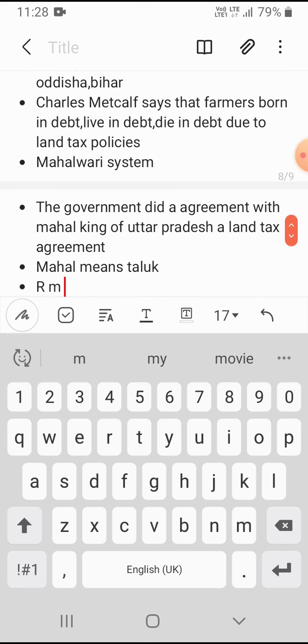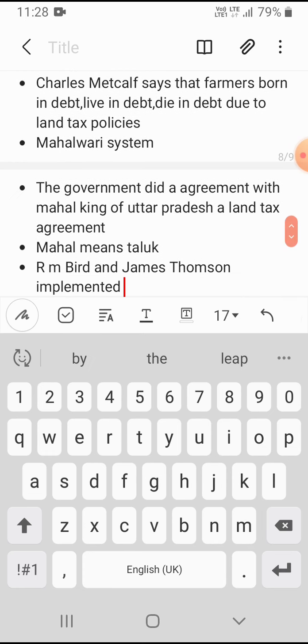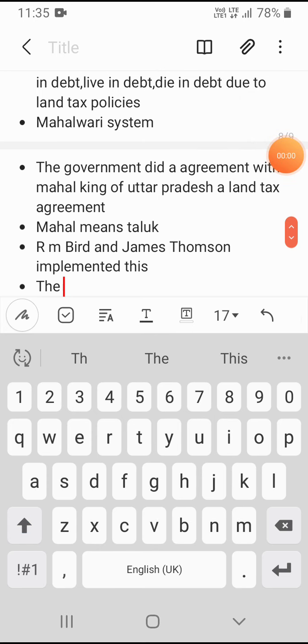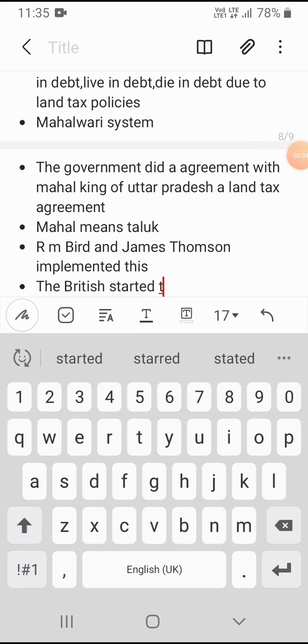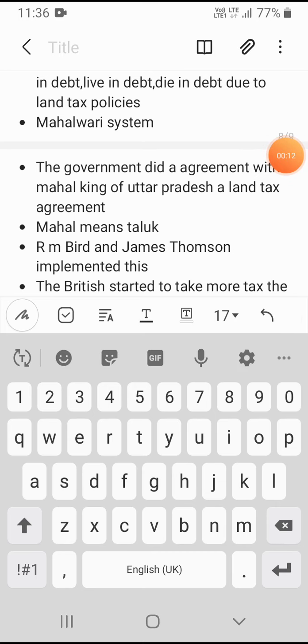RM Bird and Thompson implemented this Mahalwari system. The British started to take more tax.